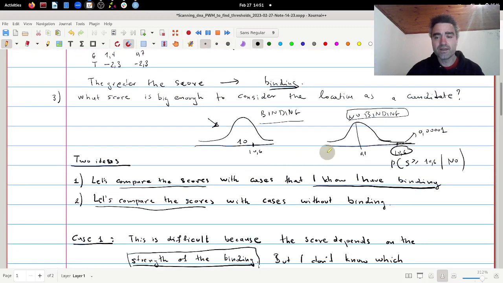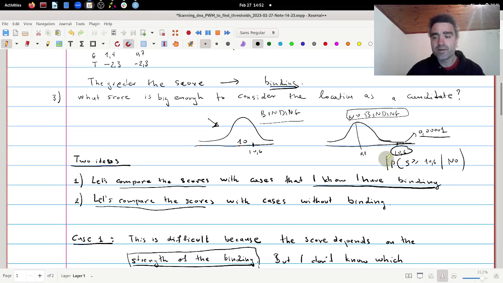Alright, so again the idea is to calculate scores in cases that there is no binding, and then compare our score with these cases, and if our score is much higher than what we get when there is no binding, then we say okay, it might be possible to get such a high score or even higher when there is no binding, but this probability is very, very small, so I reject the hypothesis of no binding and I assume that my case is a binding case.